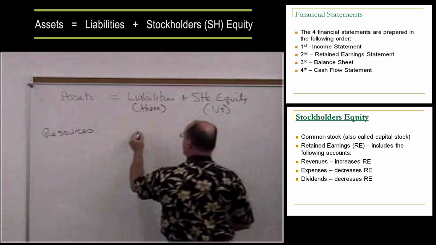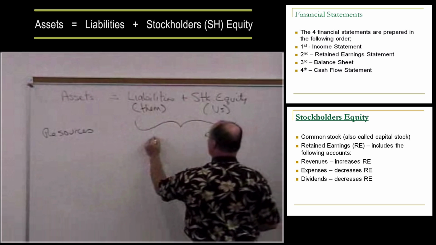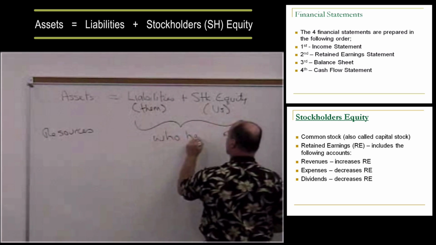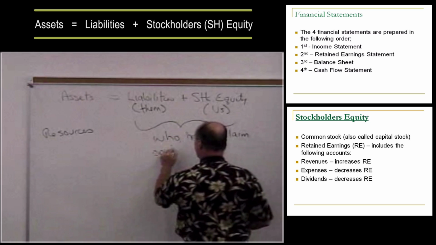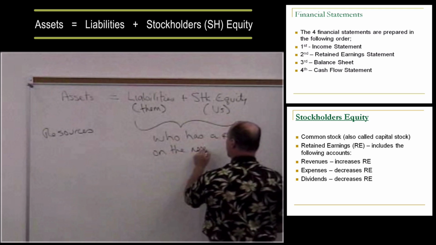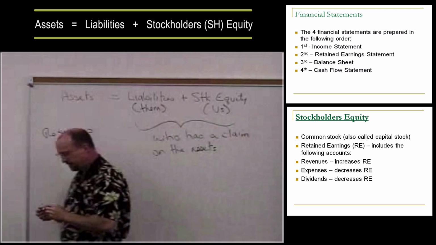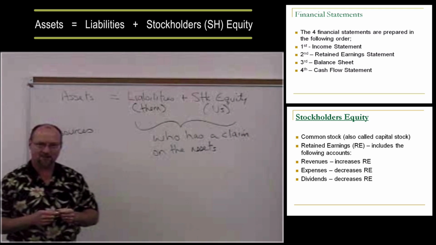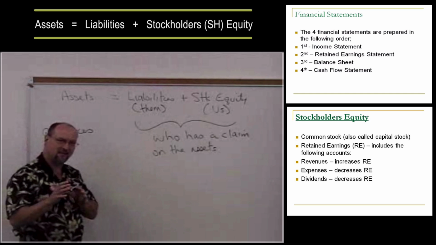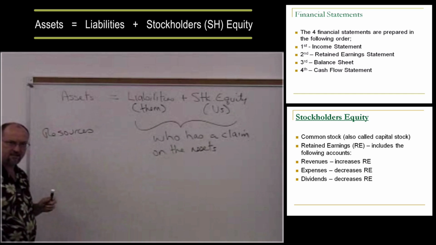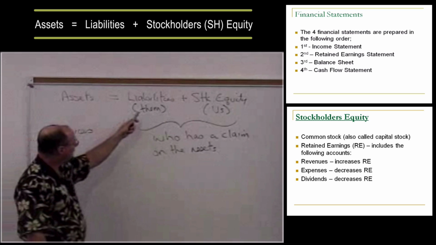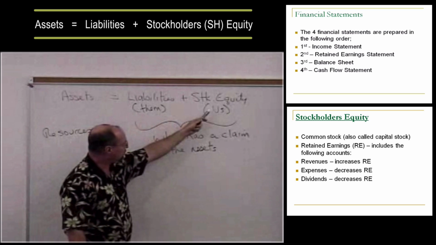The right side says who has a claim, I'll get out of your way in a second, on the assets. Now, hopefully you can read that. We are experimenting with this. Okay? Assets, which are the resources of the business, equals liabilities plus stockholders' equity.